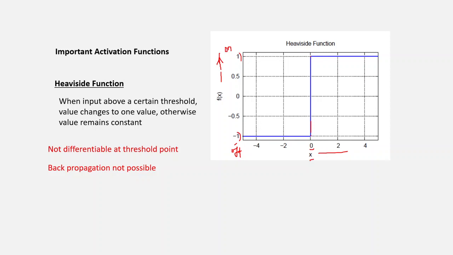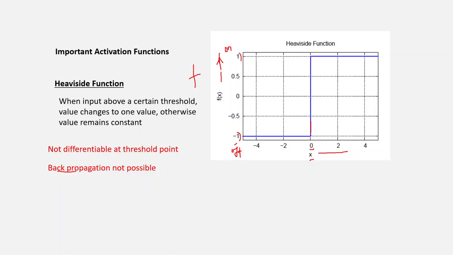And I'll make a different video on backpropagation. So for now, you just have to remember that these functions need to be differentiable in order to make this backpropagation work. Now there are different ways to adjust those weights, but backpropagation is very widely used.